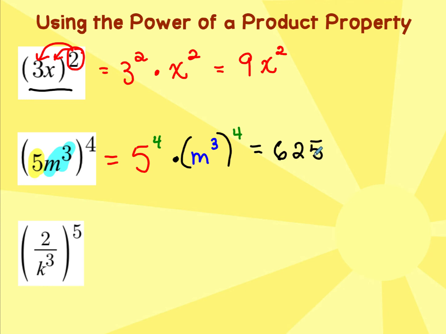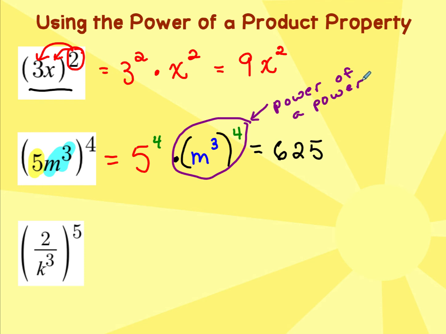Okay, now I'm going to do m cubed, or m to the 3rd, to the 4th power. So remember, we talked about how we sometimes have to use other properties. So this property, remember, is the power of a power property. That one says that when we have an exponential expression as our base raised to a power, we multiply the exponents.